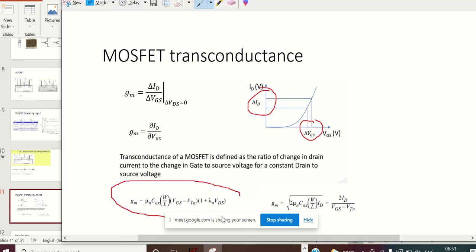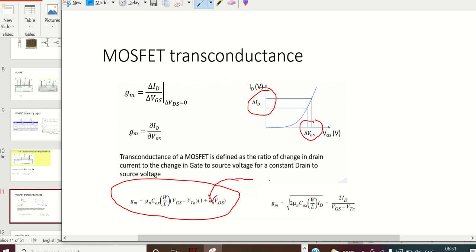This will be your gm equation. This gm equation has this lambda. This is called channel length modulation. In the ideal case, this will not be considered in our LTspice simulation.